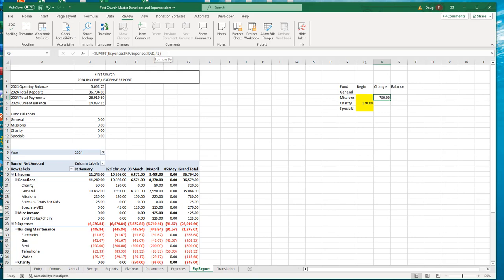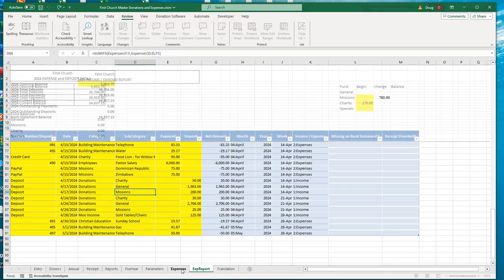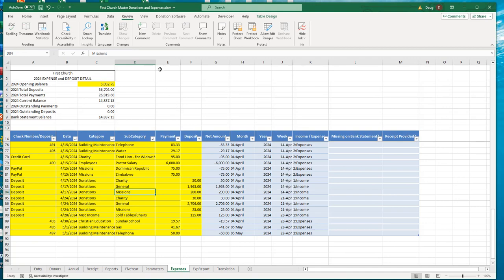What we want to do next is simply subtract from the donations all of the payments. If you remember, the payments show up in column E, and the category is where the word missions will show up on the payments.